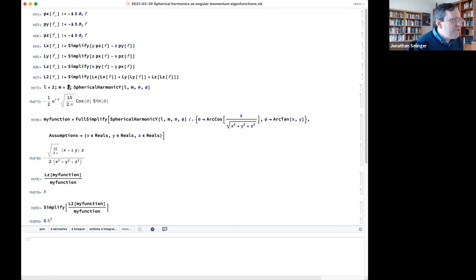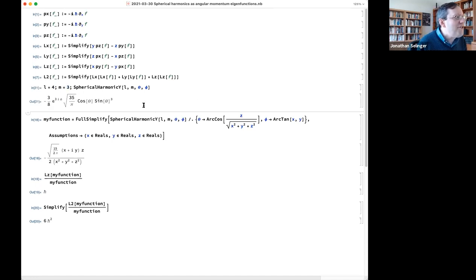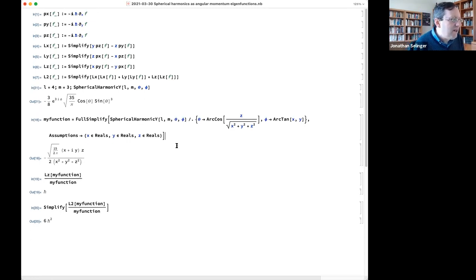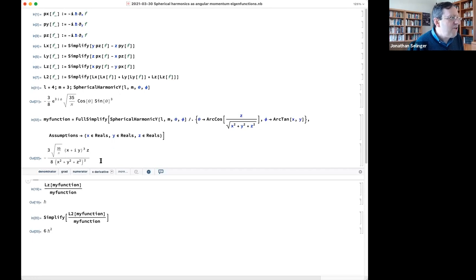Okay, well, so this is proof by examples, right? I don't know, I'll try another one. How about L equals 4, M equals 3? Here, just to make one up. Here is the spherical harmonic in spherical coordinates. Here is the spherical harmonic in Cartesian coordinates.